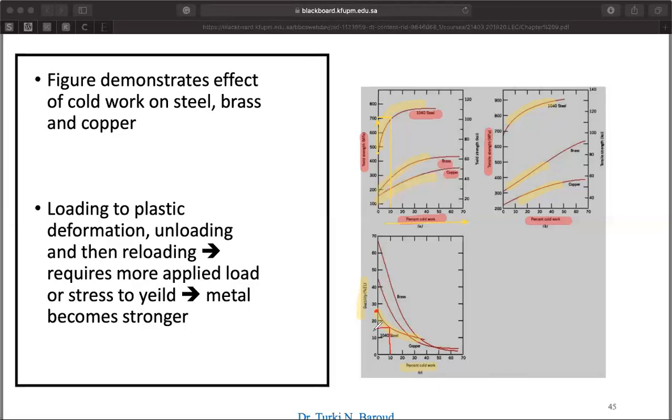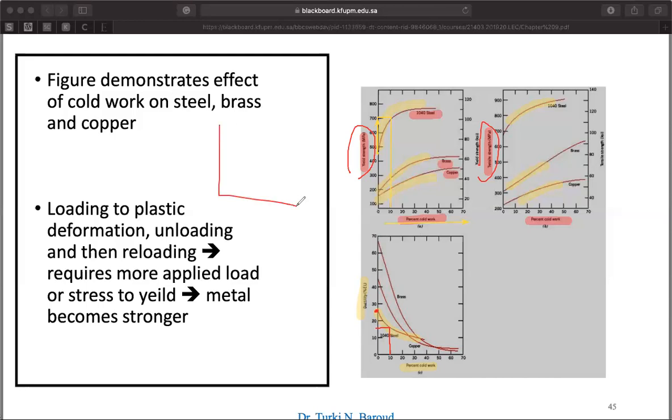You're going to reduce that to around 18 or 16% of elongation. So the more cold work you do to the material, you will enhance the strength of the material. At the same time, the material becomes more and more brittle. So you're losing ductility of the material. So at a certain point, as you're losing ductility, the material will break all of a sudden.